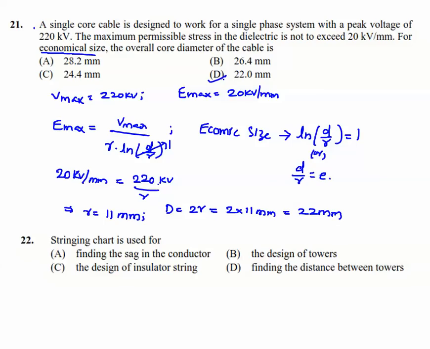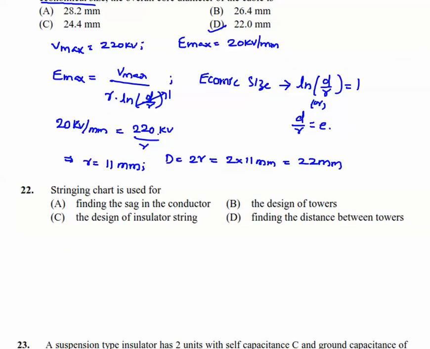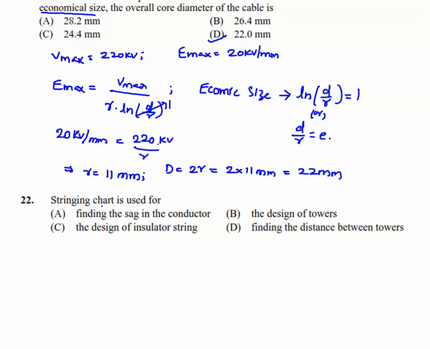And the last question for this session is, the stringing chart is used for? Okay, so normally the stringing chart is used for finding the sag in the conductors. So stringing chart is drawn like this. So here in x-axis we will take temperature, and the y-axis we will have tension and sag.